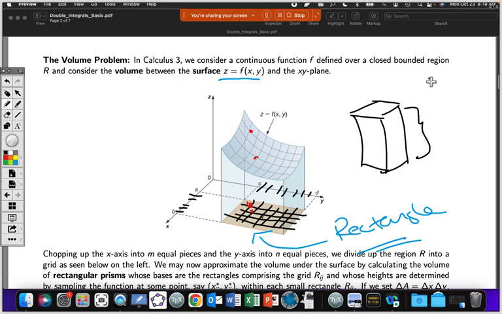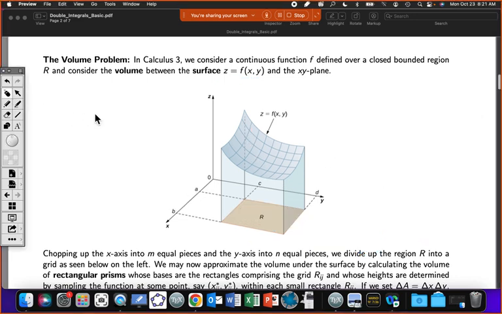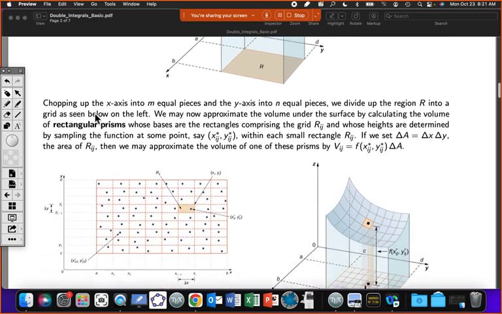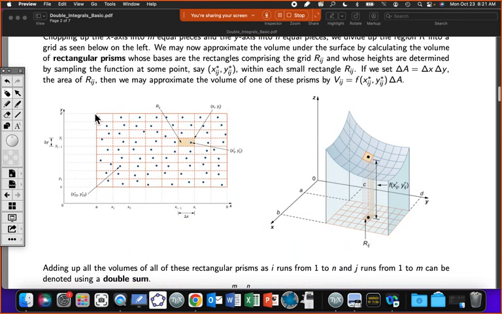Right? So the height would be your f of xy. And then what we would have down here would be your area, your delta x times delta y. And if I take height times the base, that's going to give you the volume. We get something like that.